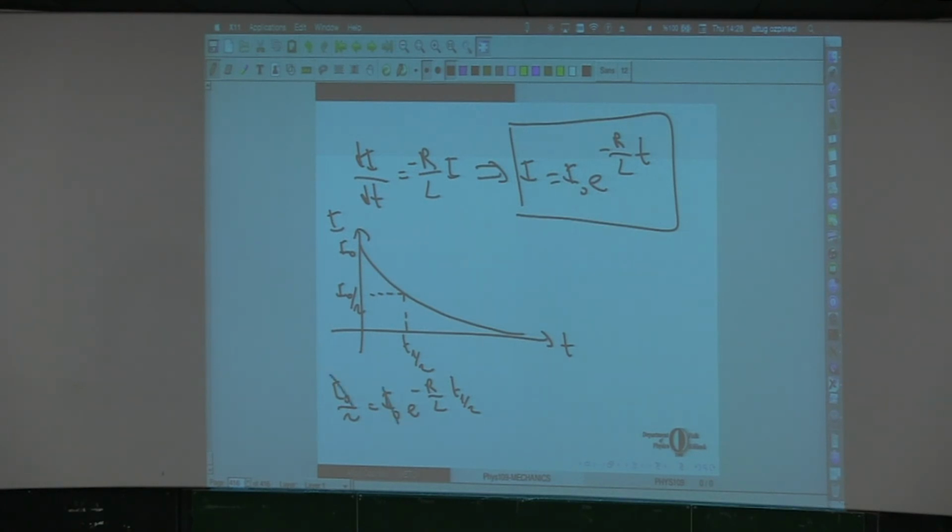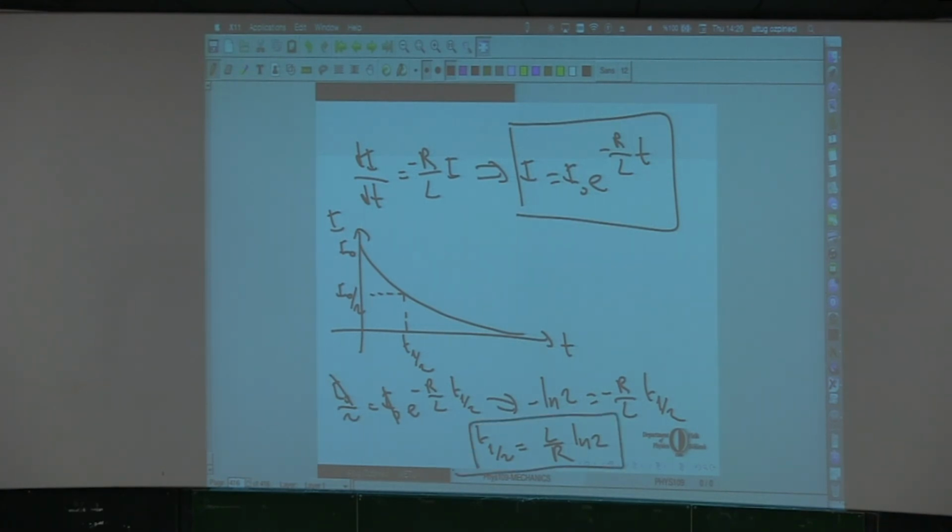If you take the logarithm of both sides, this was an exercise in your experiments, this is minus the logarithm of 2, equal to minus R over L T1 half, or T1 half is equal to L over R logarithm of 2.